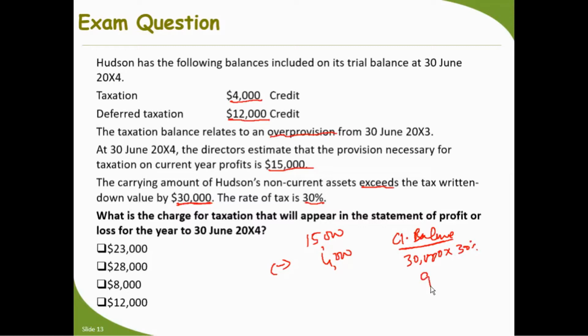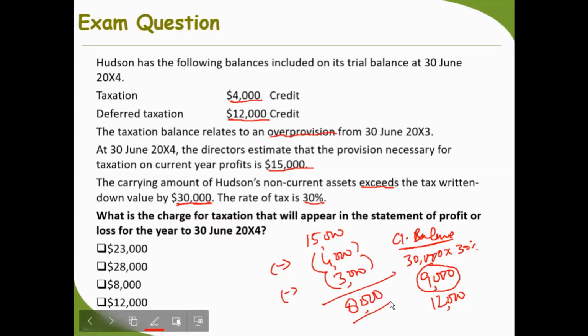So it is equal to 9,000. So your closing balance is 9,000. Now your opening balance of deferred tax liability was 12,000. Now closing balance is less than opening balance. So there is a decrease, which will be subtracted. That is 3,000. So this will be subtracted, this 4,000 will be subtracted, and your remaining figure would be 8,000. So your option D is the right answer.